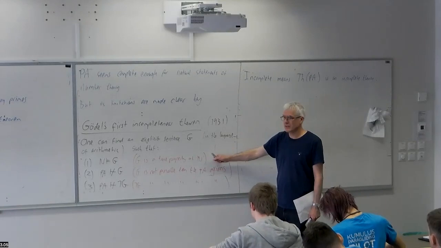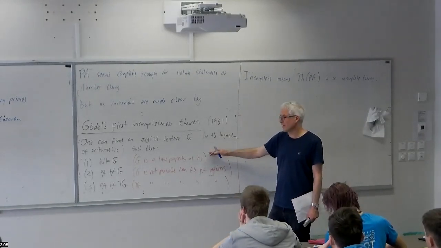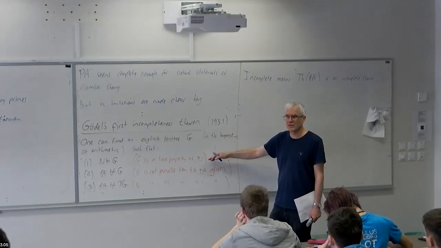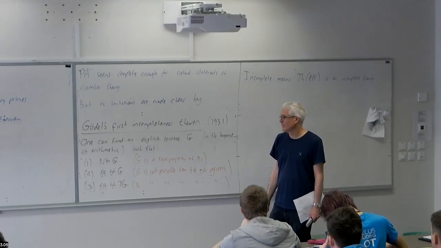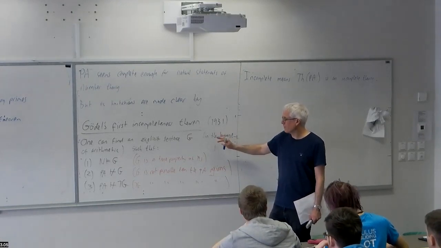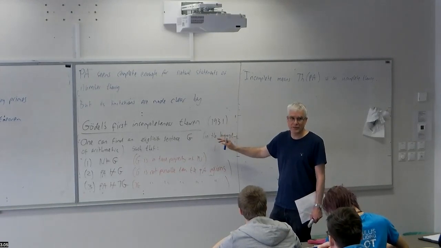We found a sentence that's true, so we could just add that sentence as an axiom for Peano arithmetic and hope we've fixed the problem. But Gödel's first incompleteness theorem is much more pervasive and unavoidable than that.